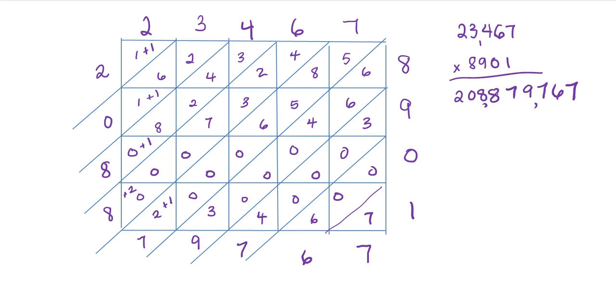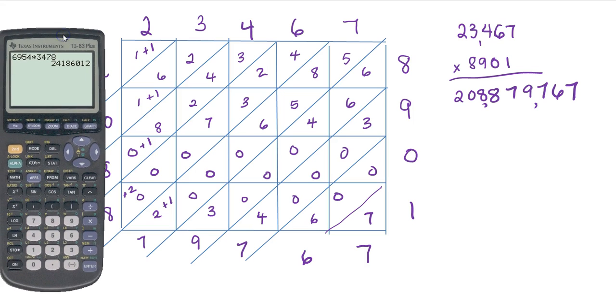Alright, so let's see what we get if I pull that up on the calculator. So we have times 8901. 208,879,767.